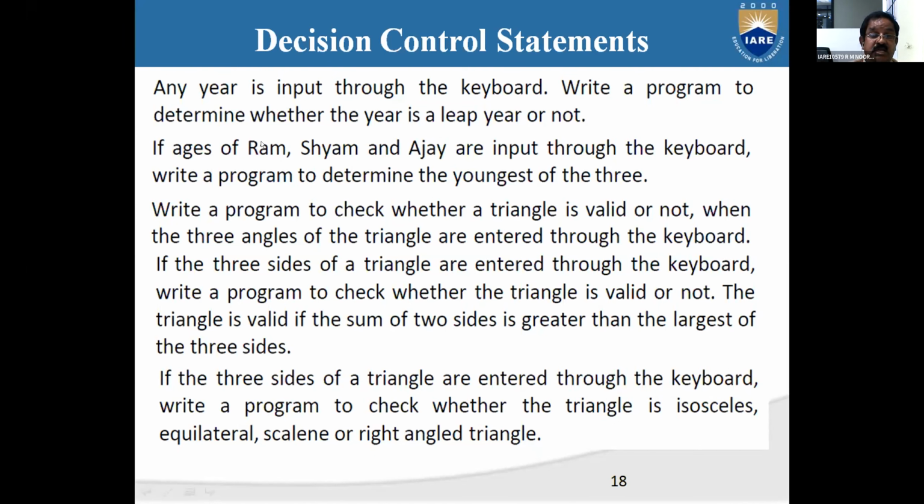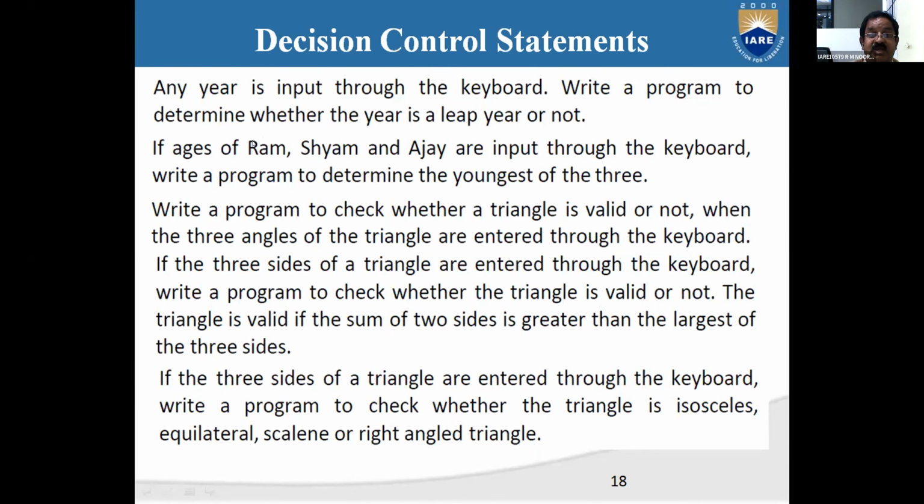These are the 3 inputs which you are going to give, and then you check: if Ram's age is less than Shyam's and Ram's age is less than Ajay's, then Ram will be the youngest.